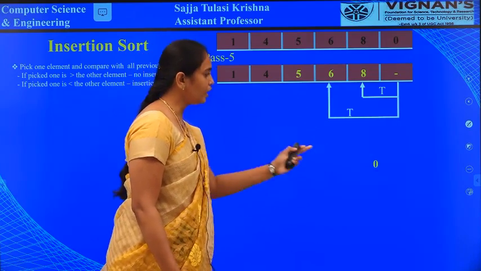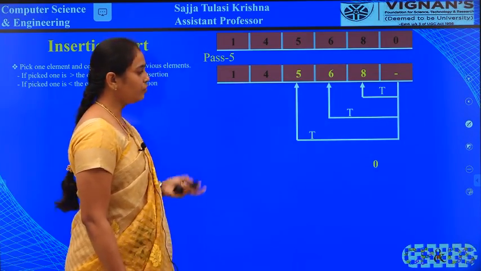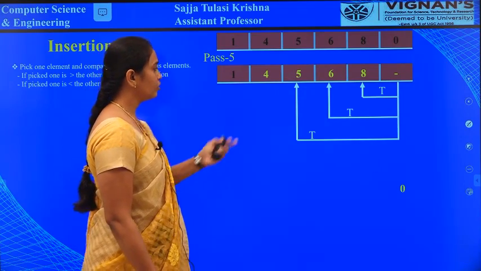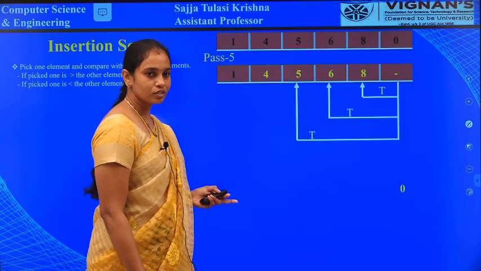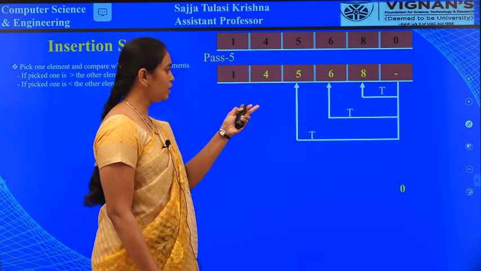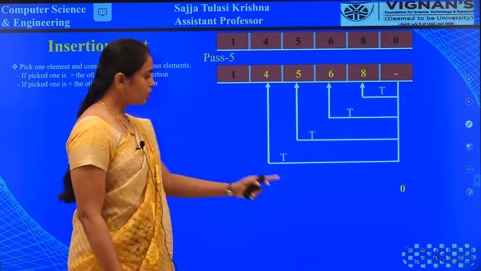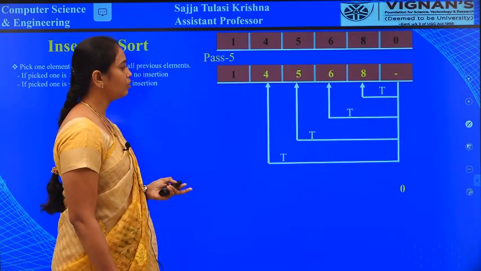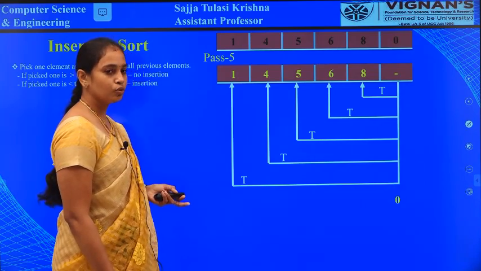So again the condition is true. So now 0 is compared with 4. So again is the condition true or false? 0 is less than 4. So the condition is true. So now the 0 is compared with 1. So again the condition is true.